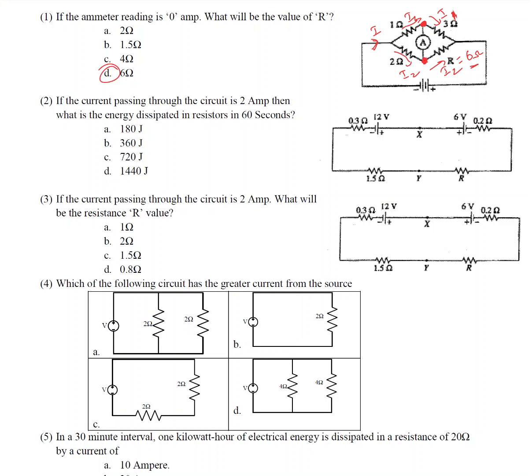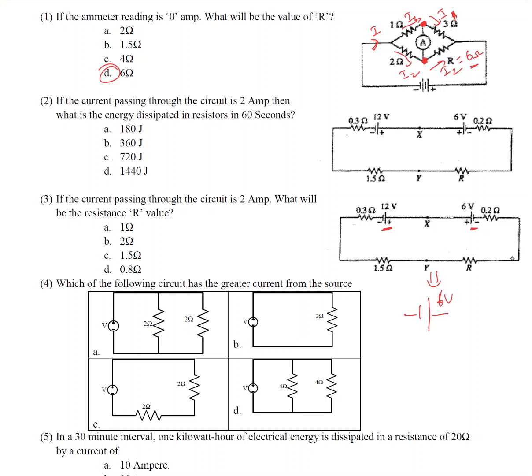Now let me go through the third one, it looks easy, and then I'll come back to the second one. If the current passing through this circuit is 2 ampere, what will be the resistance R? Here clearly this is 12 volts and 6 volts, connected in opposite directions. I'm going to simplify the circuit as a 6 volt source.